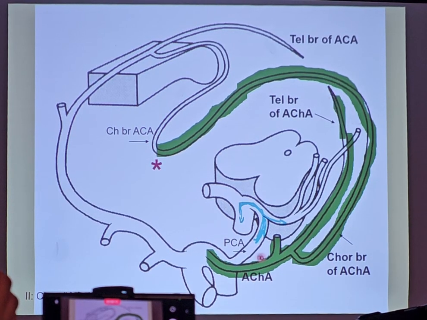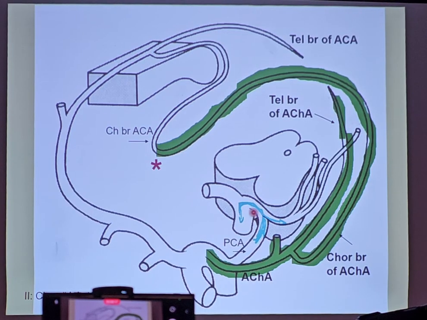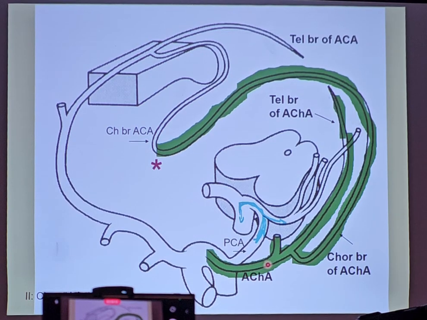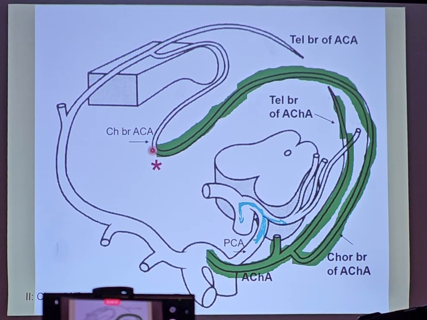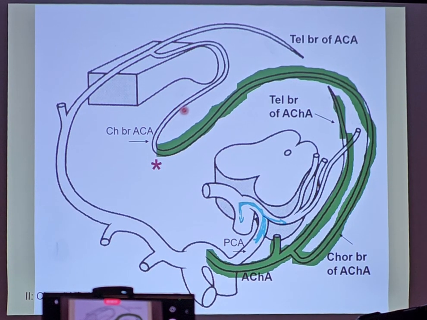You can see in green the anterochoroidal, in blue the posterior cerebral. At this point in time the posterior cerebral artery does nothing to the choroidal system, but the anterochoroidal artery forms the ring that goes all the way to the foramen of Monro and then into the choroidal branch of the anterocerebral artery and all the way back again.